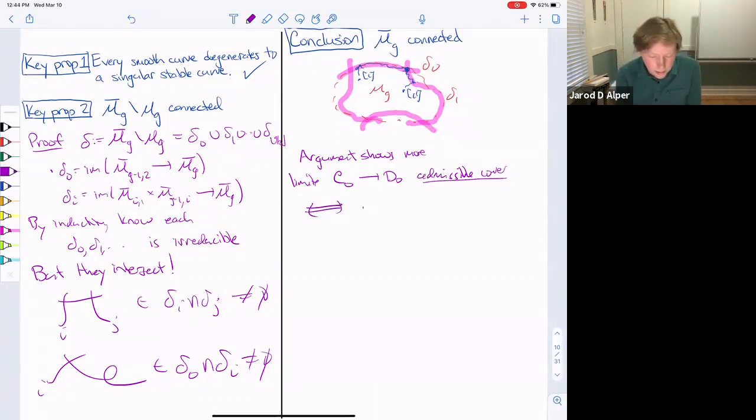So here D0, recall, is in M0,B bar. So it's a union of rational curves meeting in nodes. And so this cover must be simply branched away from the nodes.